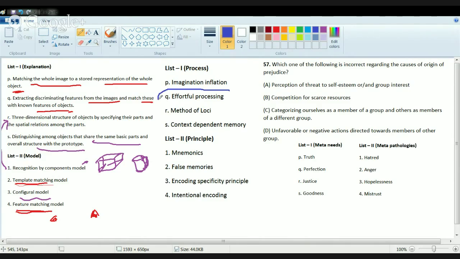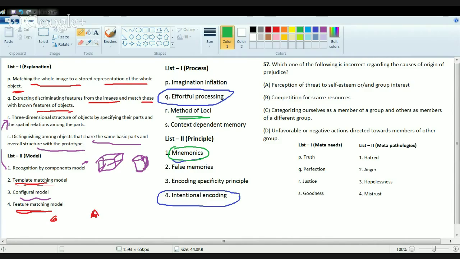Under effortful processing, since I'm doing something effortfully, I'm trying to intentionally encode the information. So effortful processing requires intentional encoding. Then mnemonics: one of the very good strategies used for mnemonics is the method of loci. In the method of loci, what I'm trying to do is, for example, I am from a city called Delhi.